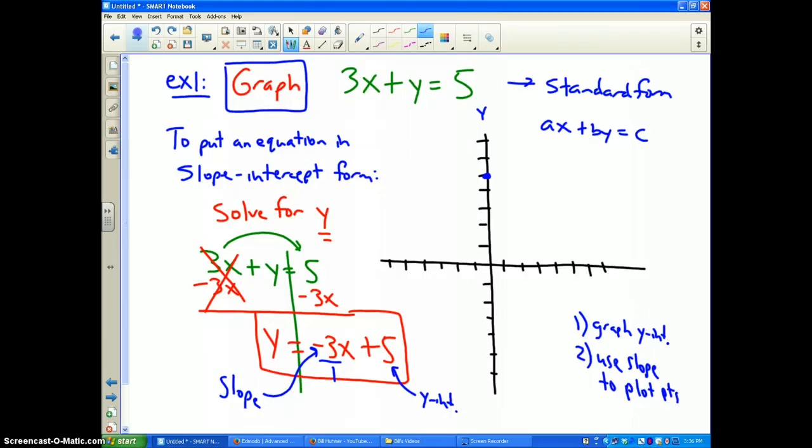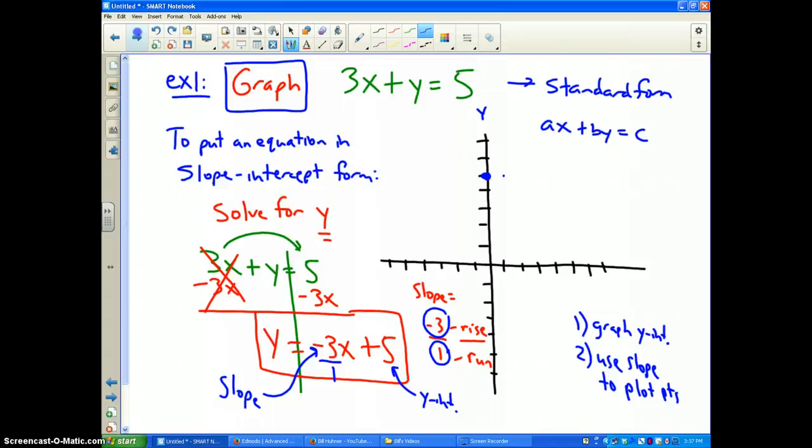Now, since the slope is negative 3 over 1, we all know slope is rise over run. So therefore, I'm going to start at my point right here, and I am going to go to the right 1 and then down 3.